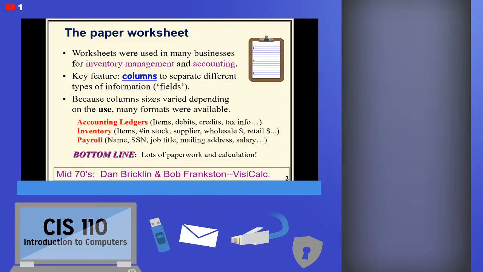And if you changed those numbers, it would change the results. And it was this sort of daydream type of vision that was the impetus for the spreadsheet, the digital spreadsheet in VisiCalc.